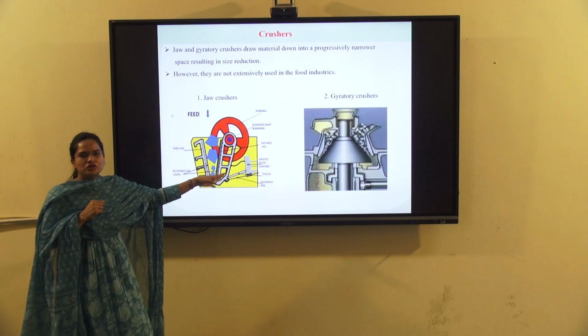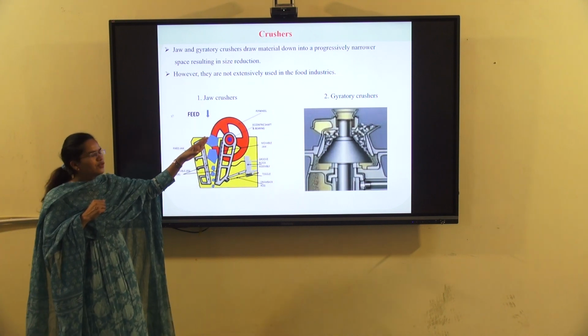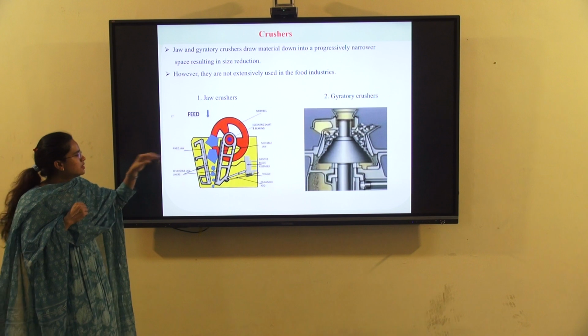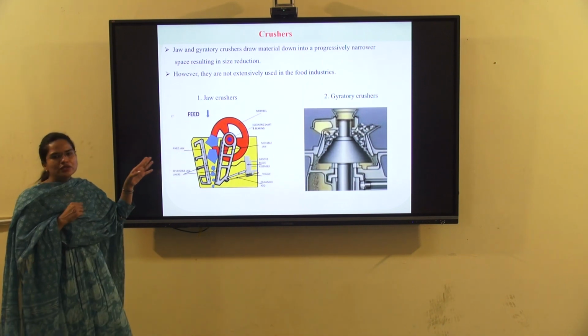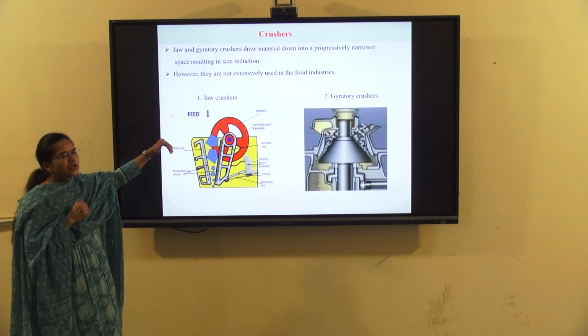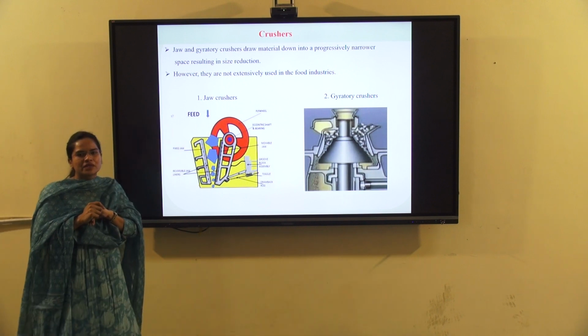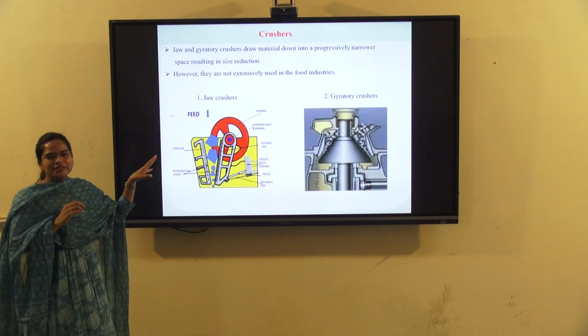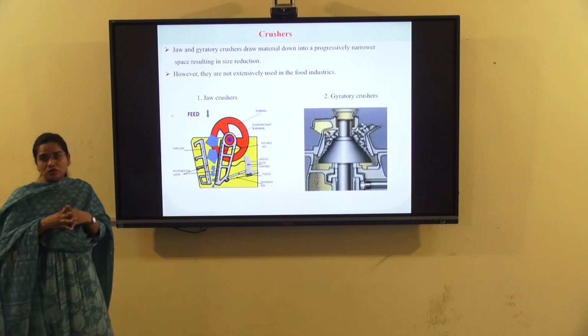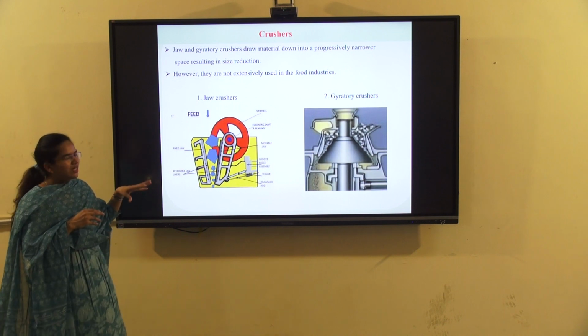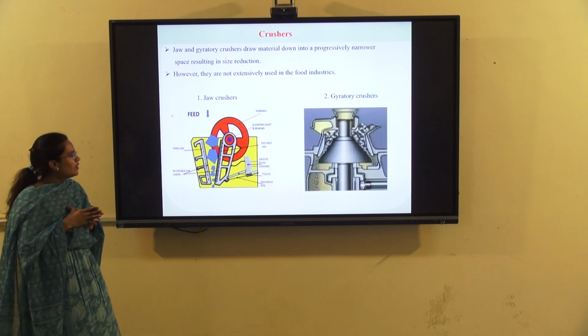The movable jaw is attached to an eccentric unit, which powers the movable jaw. The feed enters between the jaws, where the movable jaw is kept at 20 to 30 degrees, where it moves and reduces the particle.